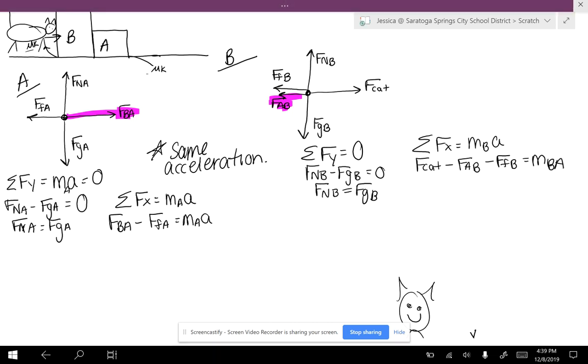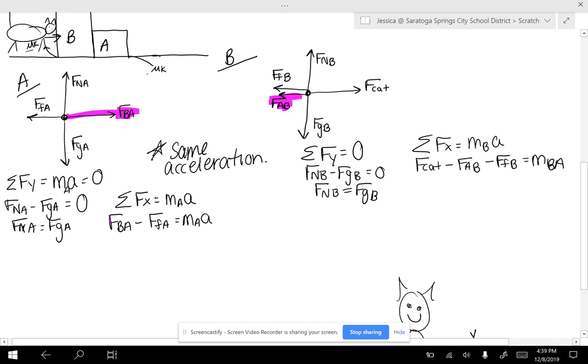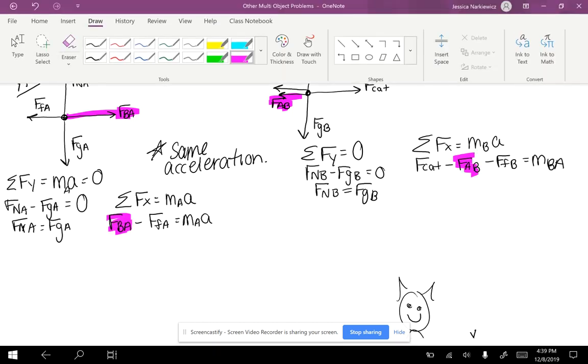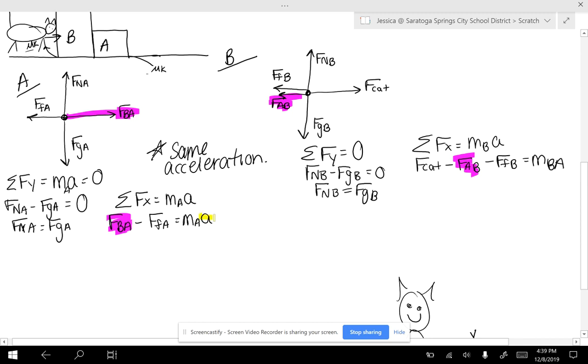Okay. Again, things that are the same: we have our Newton's third law pair, and our accelerations are the same. So we can use that to help us maybe solve for an acceleration or just simplify our equation.